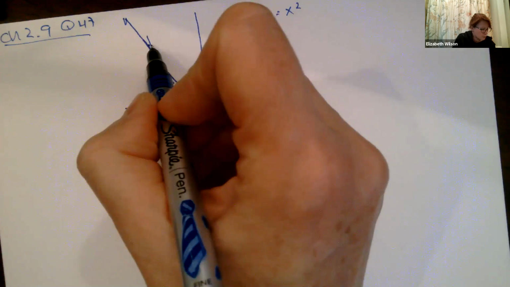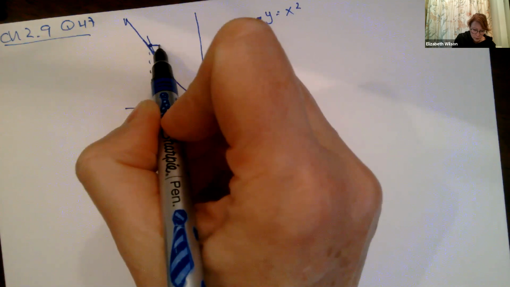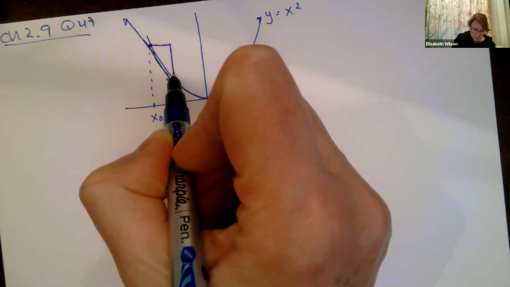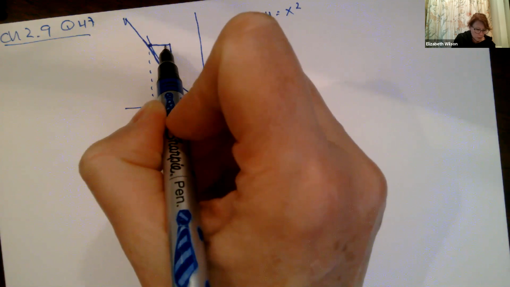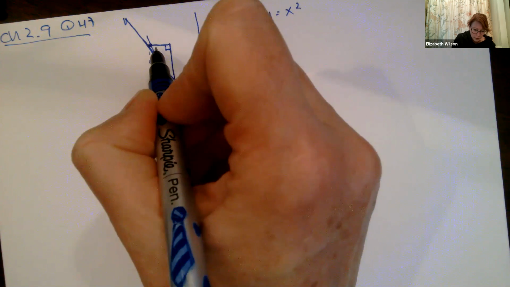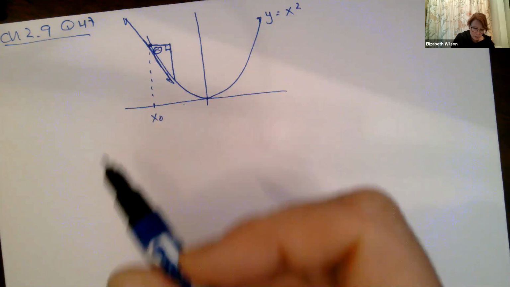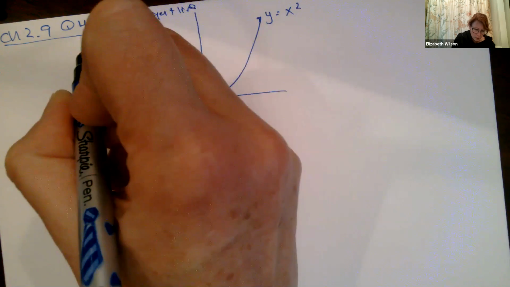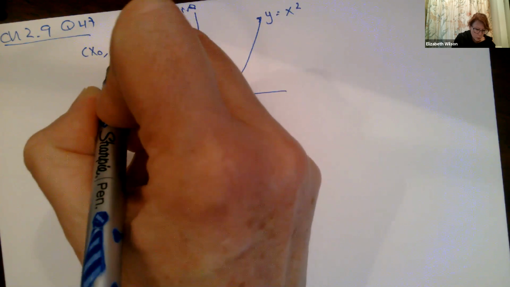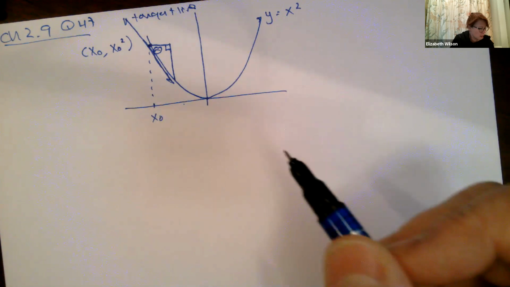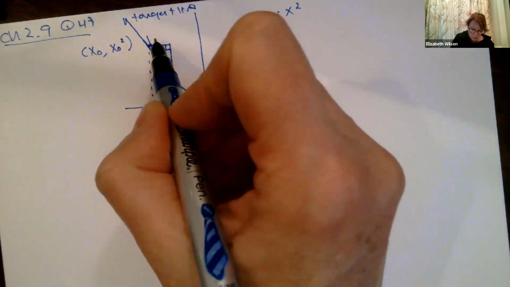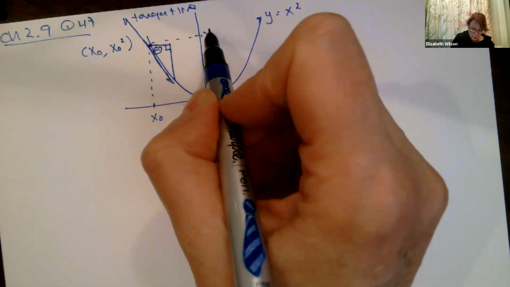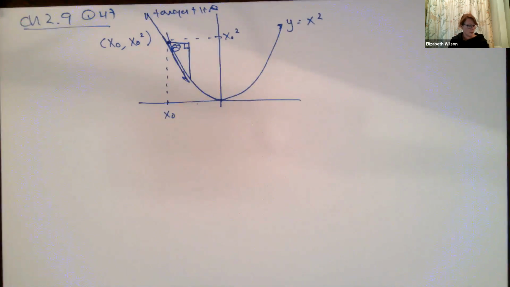And at this point here, theta is right here. That's theta. So this is our tangent line, and this point is x naught comma x naught squared. This is x naught squared, to get a feeling for what we're dealing with here.